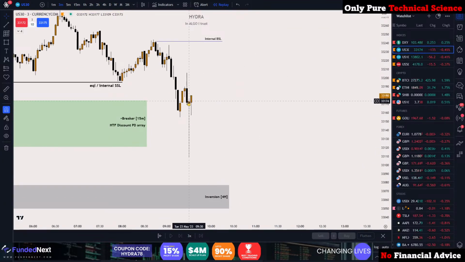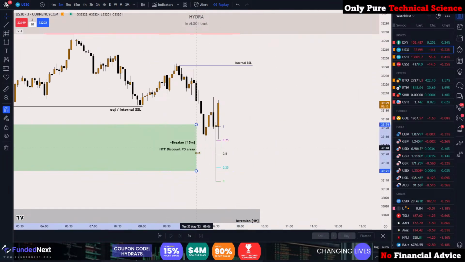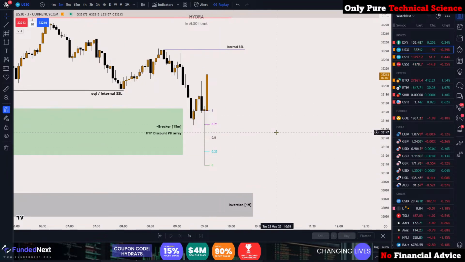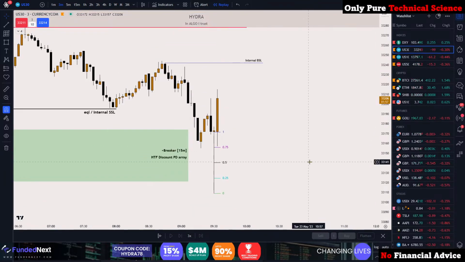So that's another big wick. So I'll measure it. What price did here is it retraced back from this breaker block, but before it did retrace, it took out a lot of stops here.